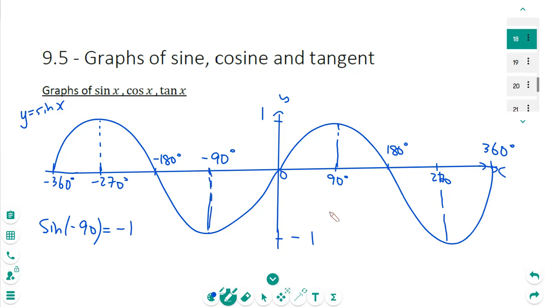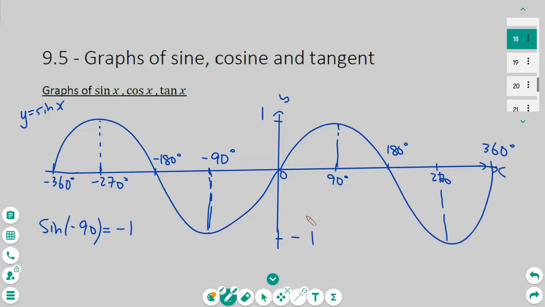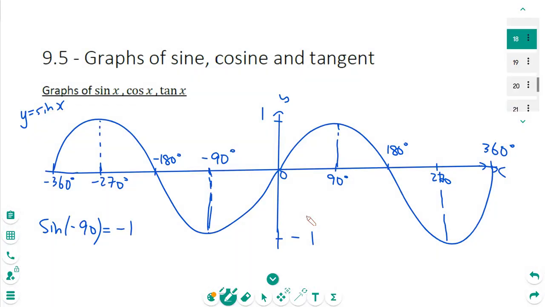Right, what else do we need to know about the sine graph? Well, the symmetry. Where is the symmetry? The symmetry lines are between each semicircle, basically where you see the dotted lines right now, at 90 degrees, 270, minus 90, minus 270. These are the little symmetry lines of each semicircle.